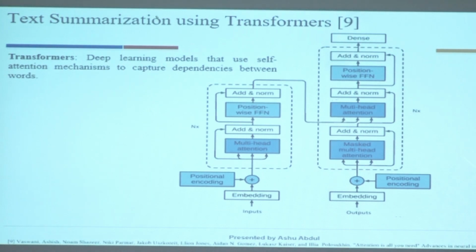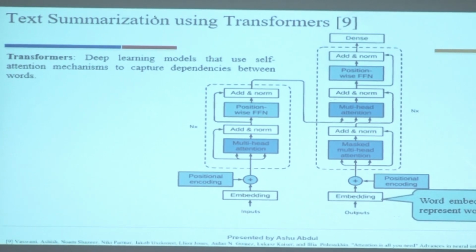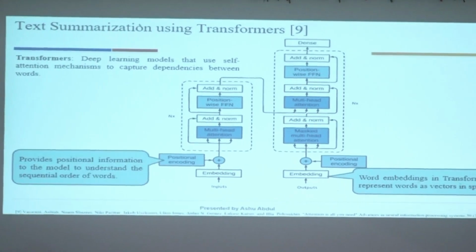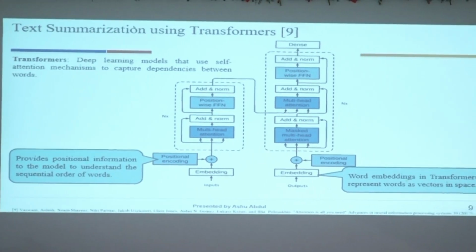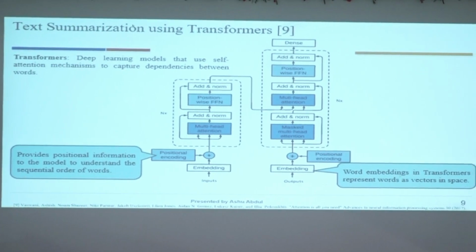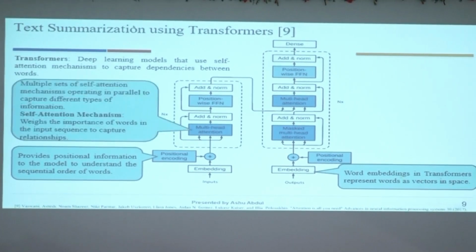the transformers approach. In this approach, they initially represent the words in terms of embeddings. Along with the embeddings, they also consider the position of the words, which is not captured in the encoder decoder representations. Along with that, you have multiple attention mechanisms, where each multi-head attention internally contains different self attention mechanisms.